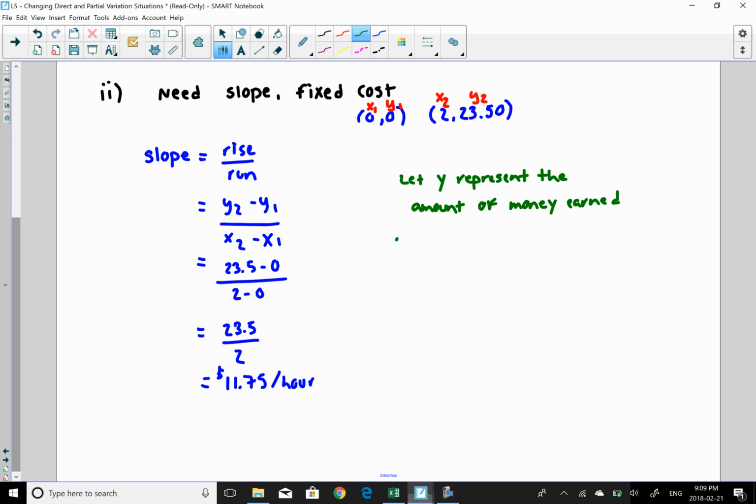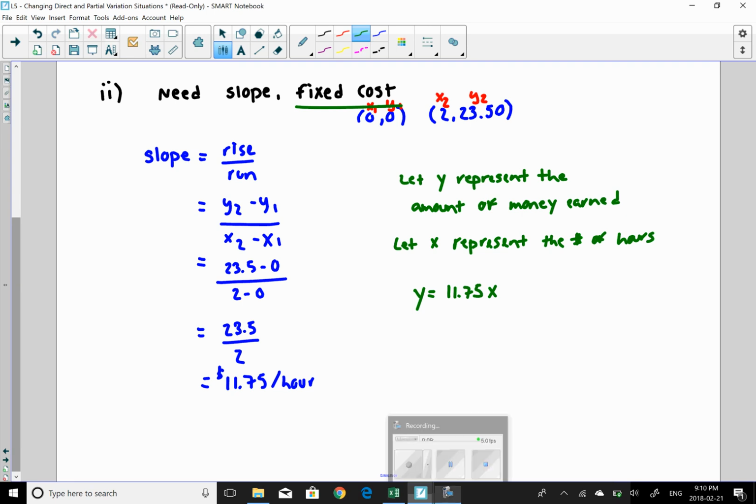And then we're going to let x represent the number of hours worked. So remember y, our dependent, so how much he makes, is equal to our slope, 11.75, times x, our independent. And is there a fixed cost? There's no fixed cost, so I don't have to worry about anything else. Stop there for this lesson.